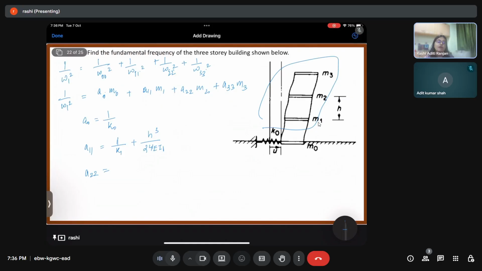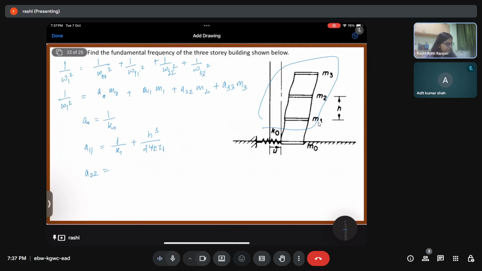Now if you look over here, for m1 there was only one beam which was being attached to m naught, but for m2 we have a beam which is attaching it to m1, and then we also have a beam which is connecting it to m naught. So the whole movement of m2 will depend upon the beam which is connecting m2 and m1, and the beam which is connecting m1 and m naught as well, right?